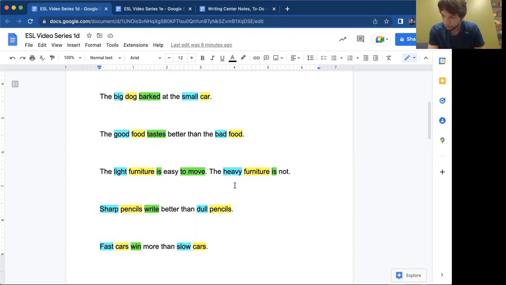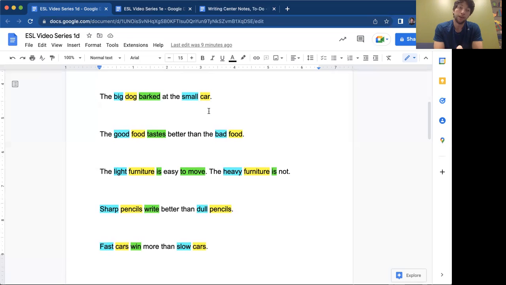So notice that big here modifies the noun dog, and then small modifies the noun car. So the adjectives come before the nouns that they modify, right? That's where they're positioned in the sentence, right before the nouns.